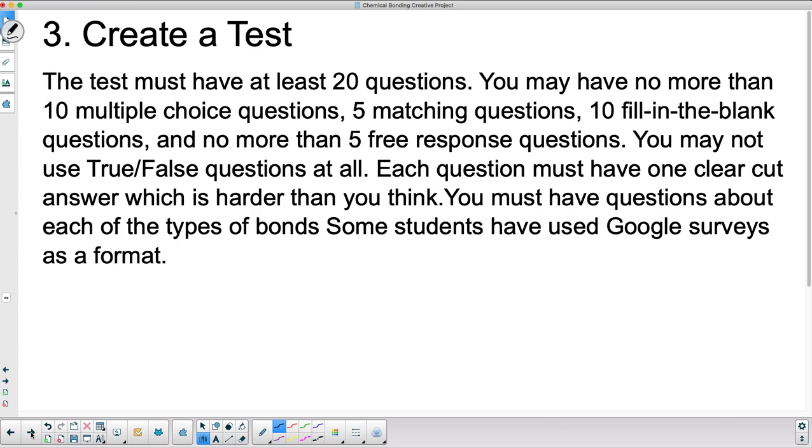You may not use true and false questions at all. They're way too easy, it's not worth it. Each question must have one clear-cut answer, which is harder than you think. Creating a good question that only has one answer is not as easy as it seems, because lots of students ask a question and there are multiple possible answers. For example, what do we call a chemical bond in this compound, when that compound has more than one type of chemical bond in it?